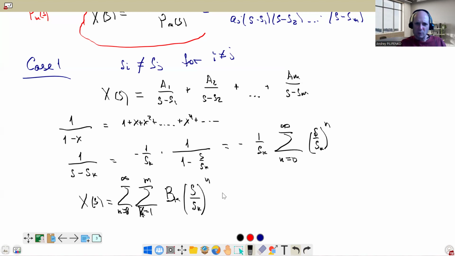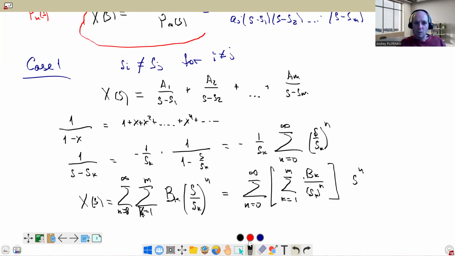So let me rewrite this in the following form: sum n from 0 to infinity, sum k from 1 to m, bk divided by sk to the power n, times s to the power n, where these bk are some numbers. If you make this procedure carefully, you can write down the explicit form. But we know that x of s is the sum of xn s to the power n, and we know the uniqueness of the representation. So this is xn.